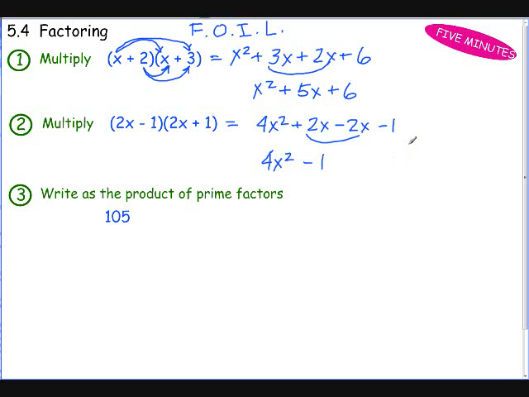Now you probably recognize this as difference of squares. And that's exactly what it is. This is a shortcut you can use any time you have conjugates.